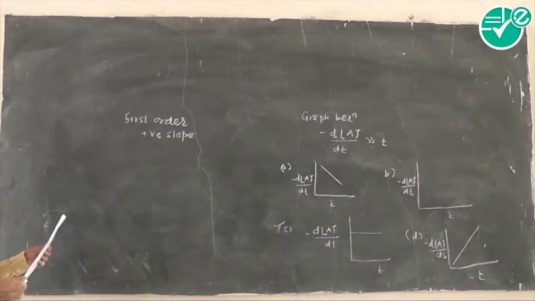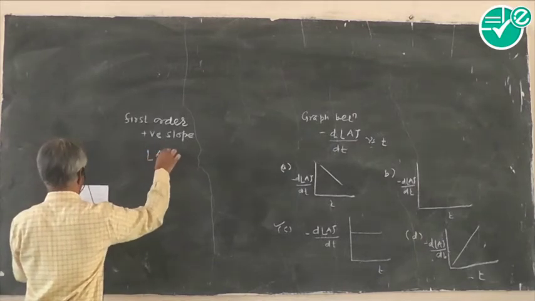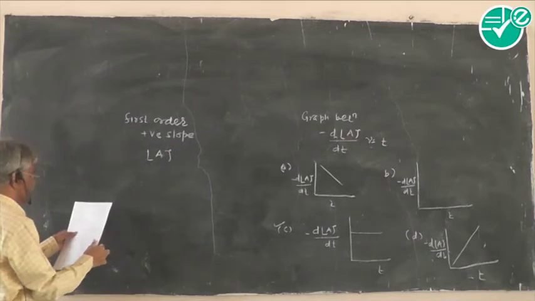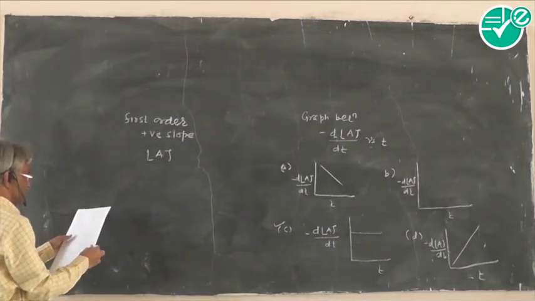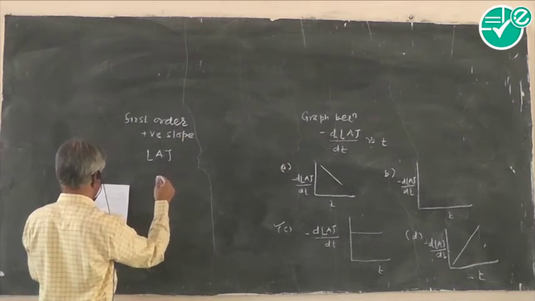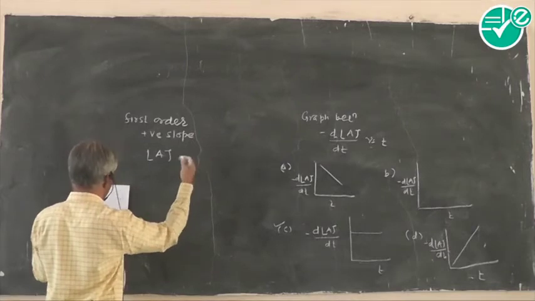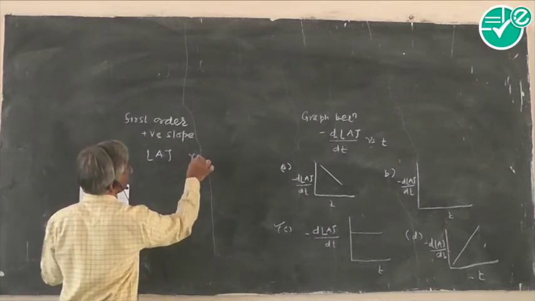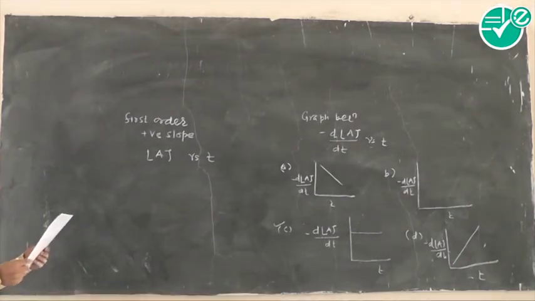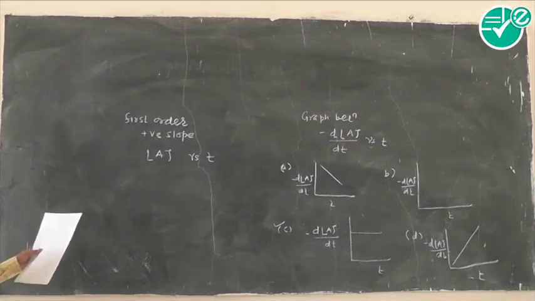And they want to plot the concentration of A, the reactant AB, or say any reactant, versus time. But they want that it should be a straight line with positive slope.